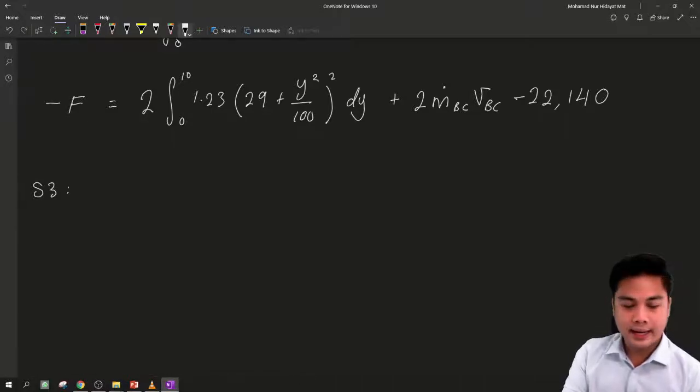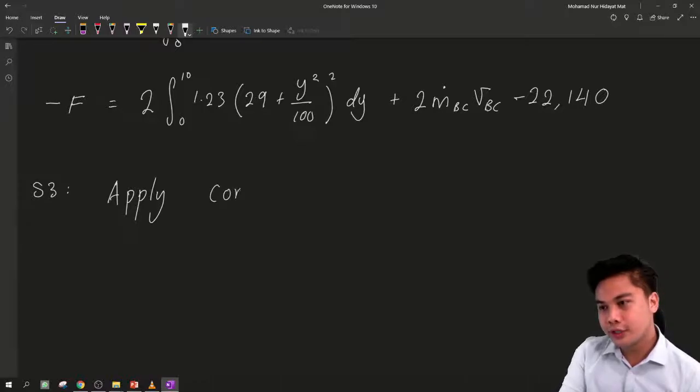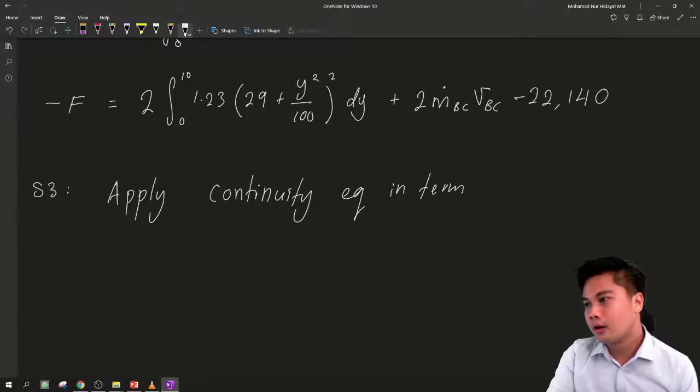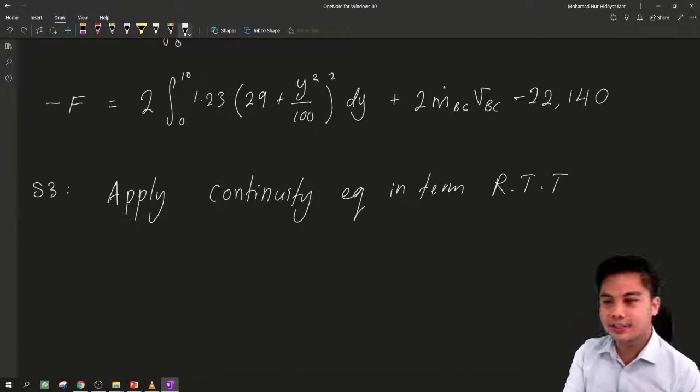We need to apply the continuity equation in terms of the Reynolds transport theorem. So what's the Reynolds transport theorem?